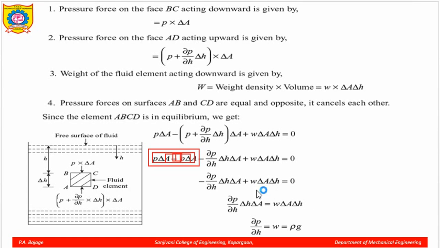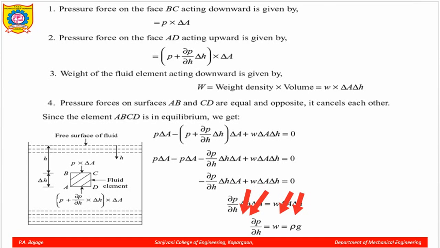Now, shifting this term to the RHS, what do we get? We can again cancel these terms: delta A will get cancelled, and delta H will also get cancelled.